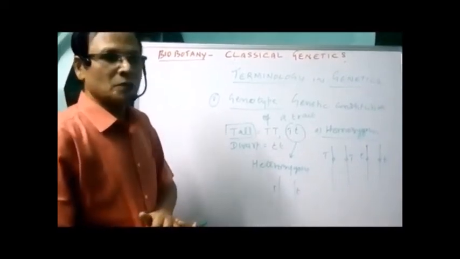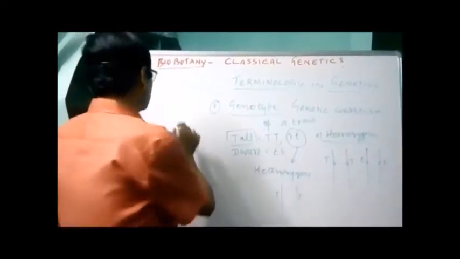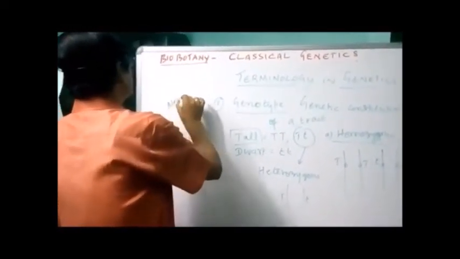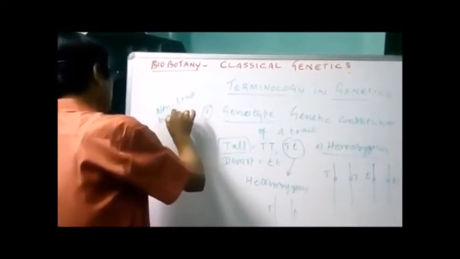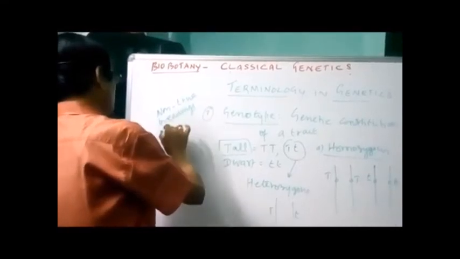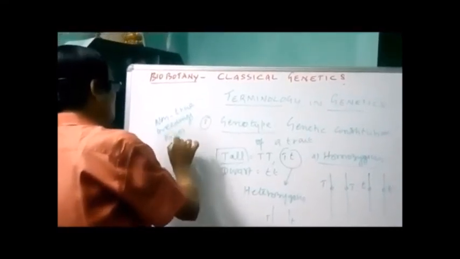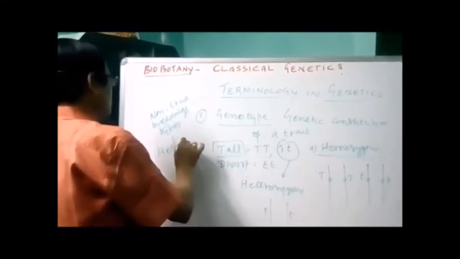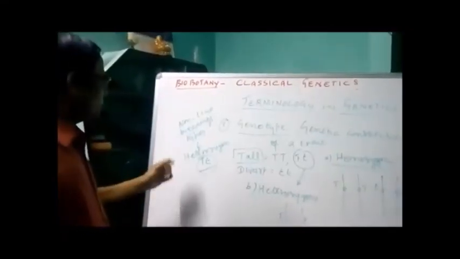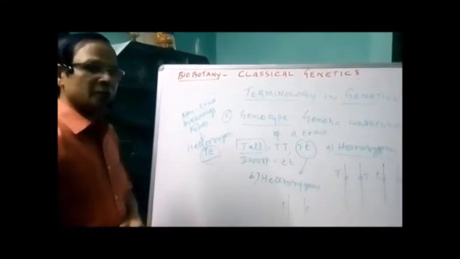Normally, the heterozygous plants are non-pure breeding types, non-true breeding types. The non-true breeding types are heterozygous in nature.